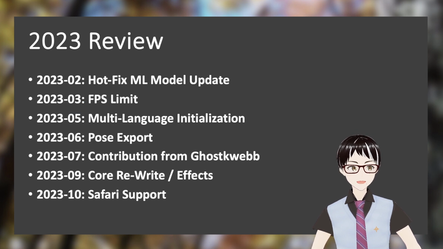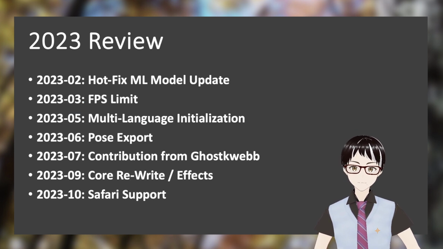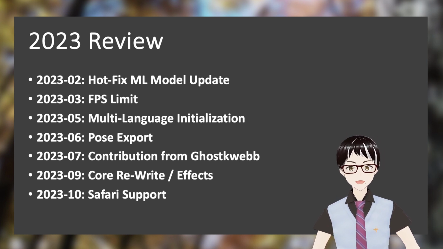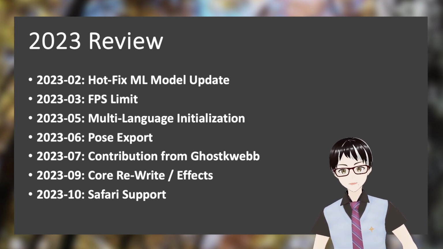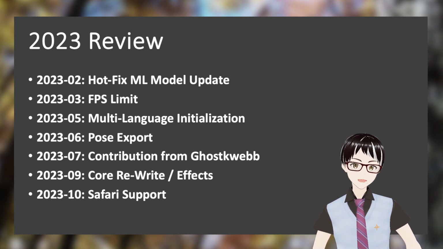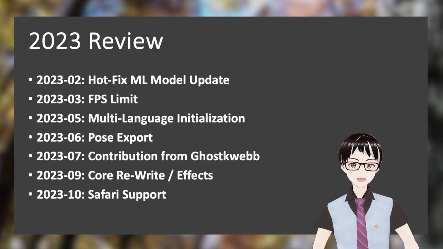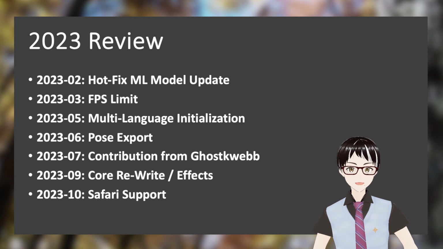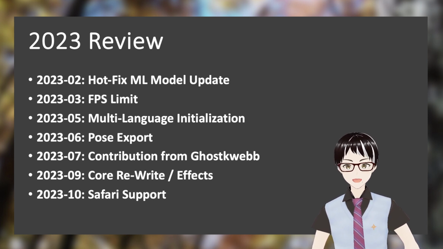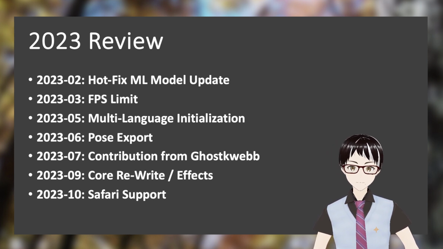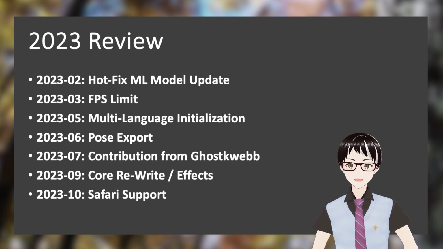Other than that, these are the things that we were able to complete last year. In February, we had a hotfix for the machine learning model because Google secretly updated their artifact in the previously released model tag. I have no idea why, but it caused us some trouble and took us a full week to fix.